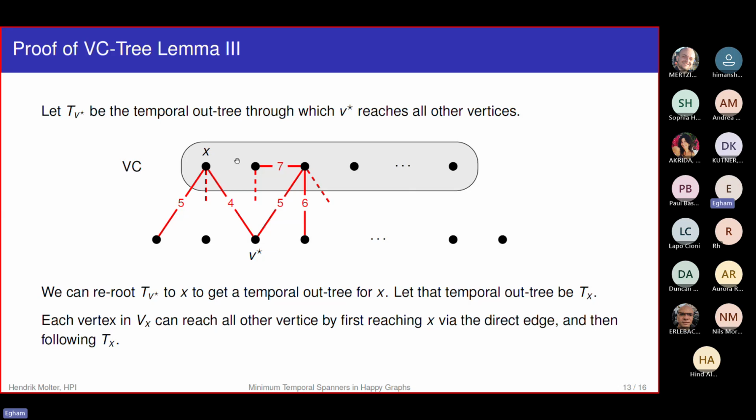So I can assume that my minimum temporal spanner looks exactly like that. It's composed of D temporal out trees, each rooted at one of the vertex cover vertices, plus at most one extra edge from each of the independent set vertices.